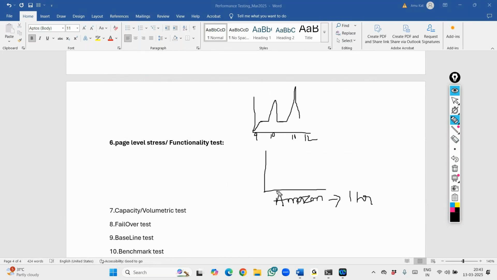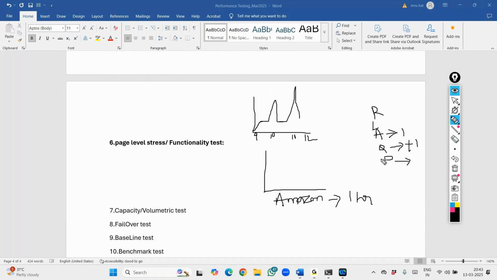We will be having different functionalities like registration, login, and add item to the cart. We will be adding items to the cart, and if needed we will be increasing the quantity as well, plus 1, plus 2, or whatever it might be. Then we will be doing payment.